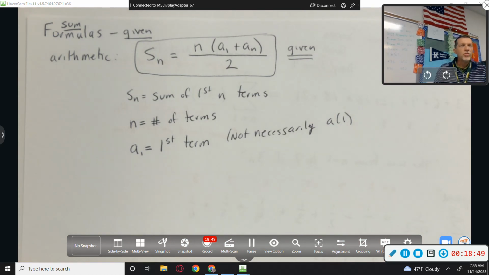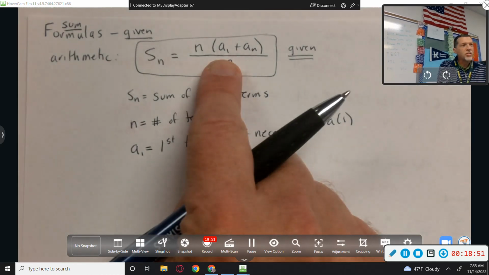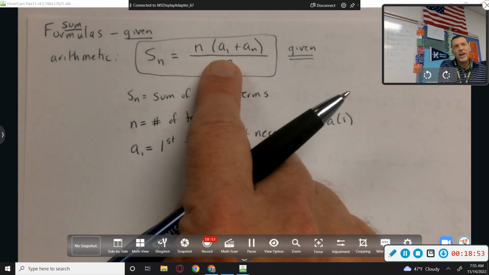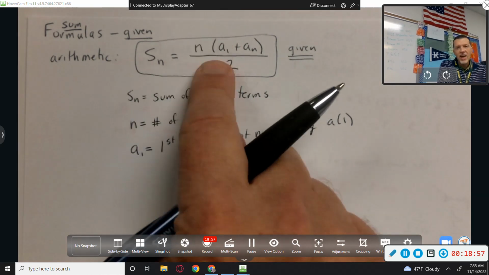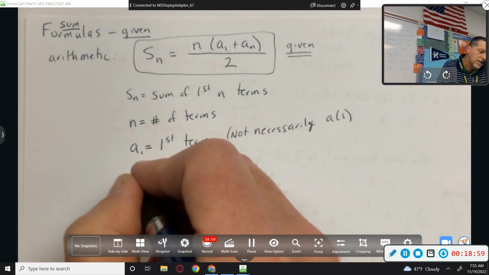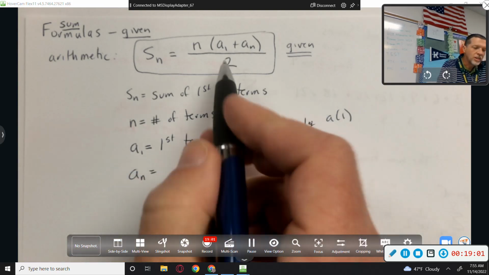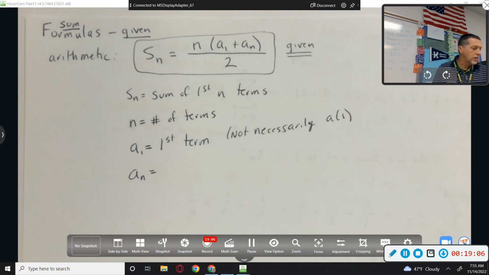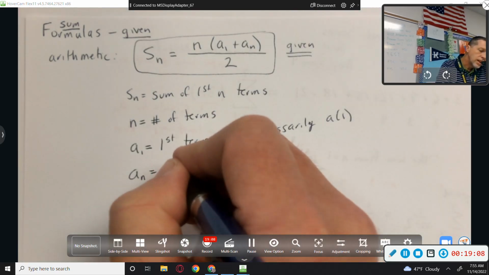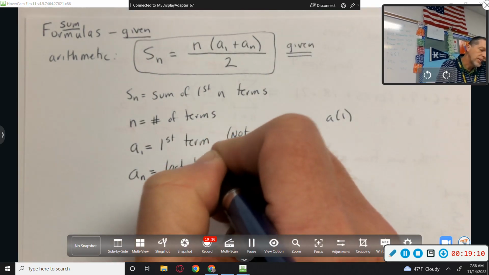So when you use this formula, A1 represents the first term. I don't care what you called it. If it's actually 3, 4, or 5, whatever the first term is, that's A1. Which is another reason to start your series with 1, because it makes this formula a little bit easier to deal with. An is the last term, so whatever the last number you plug in.